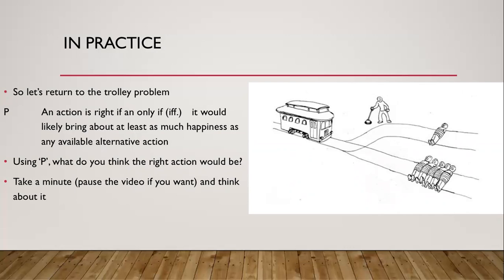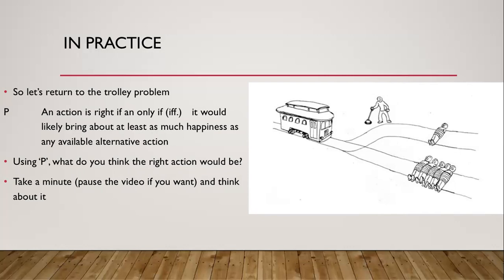This is a thought experiment. I'm going to be clear on this. You can't untie anybody or put something in front of the trolley to stop it. It's just not part of it. You have two possible actions. So let's return to our principle. Remember, it says an action is right if and only if it would likely bring about as much happiness as any available alternative action.